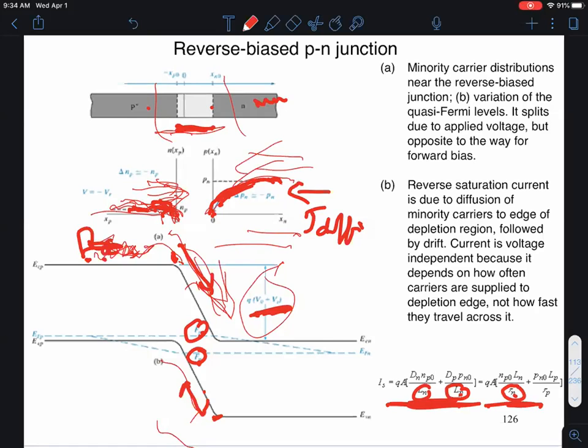Therefore, the supply of carriers via diffusion basically stays the same, and that's why it's the supply limited current that is independent of the field in this drift region, okay? So that gives rise to this voltage independent reverse leakage current as shown over here.